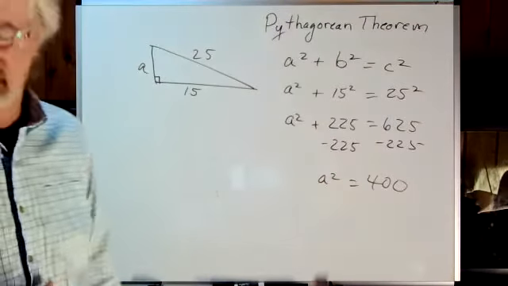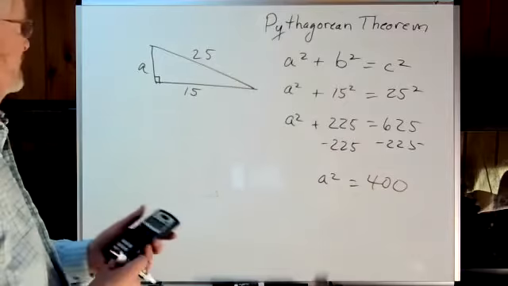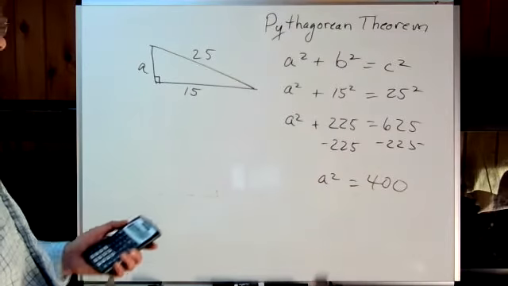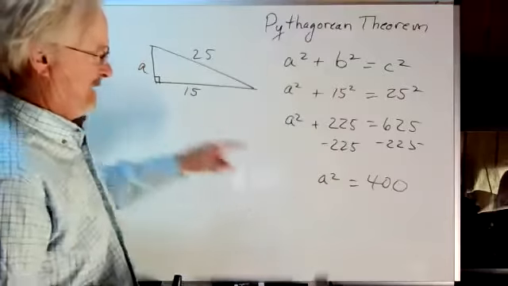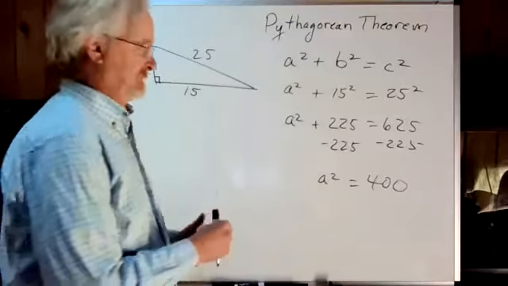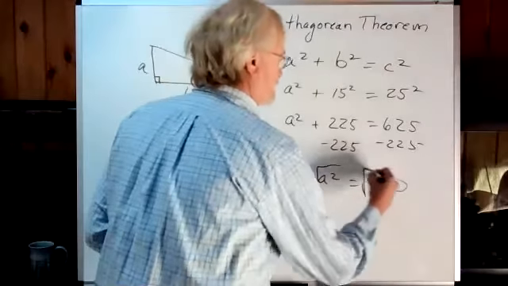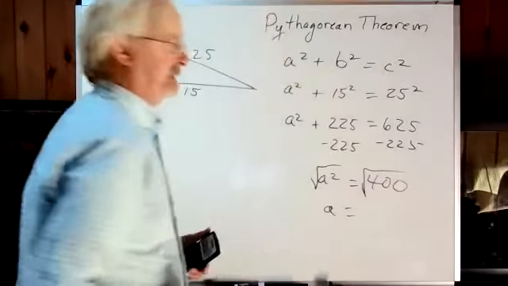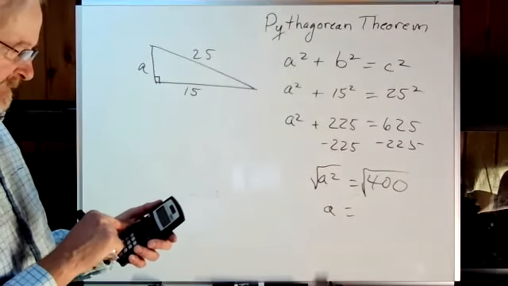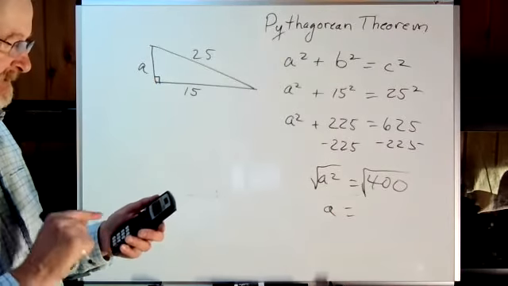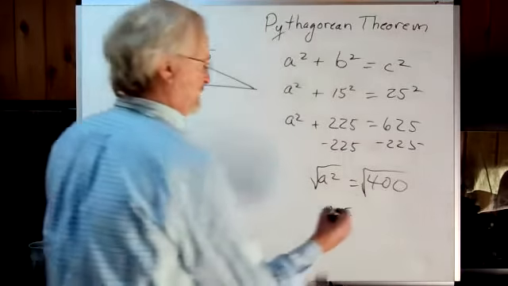I think that's 20. 20 times 20. Oh well. But so now I have to find the square root of both sides. Really, you could say, oh, now I'm going to square root both sides, and that's going to say A equals square root of 400. And I got a 20.